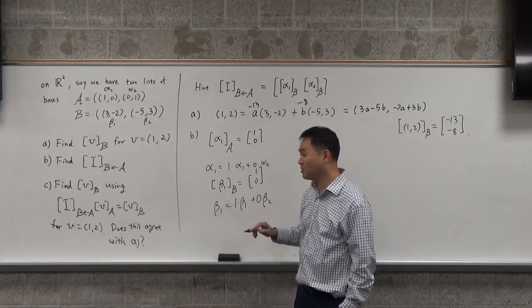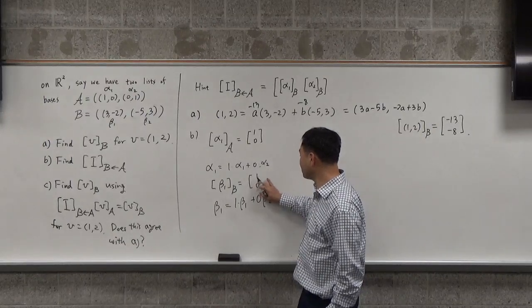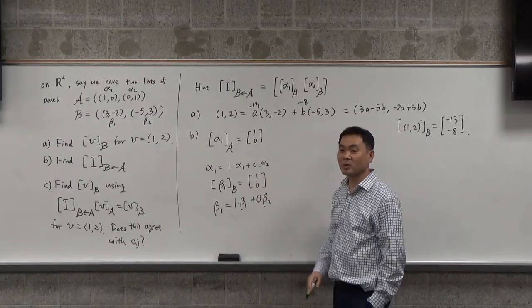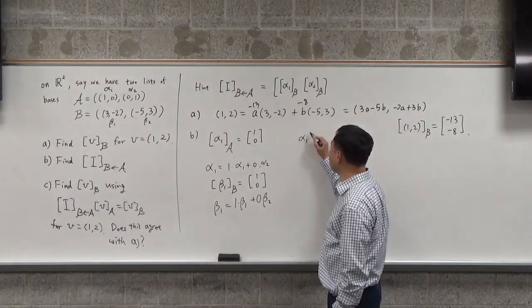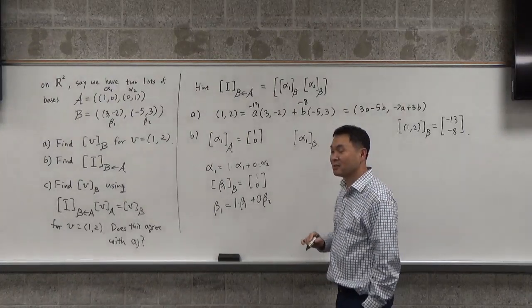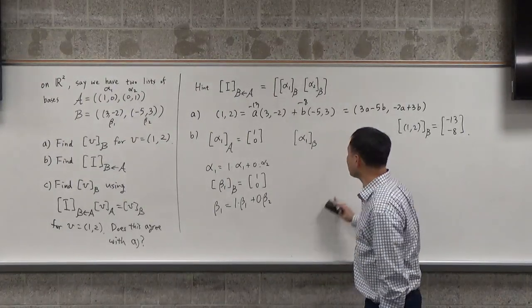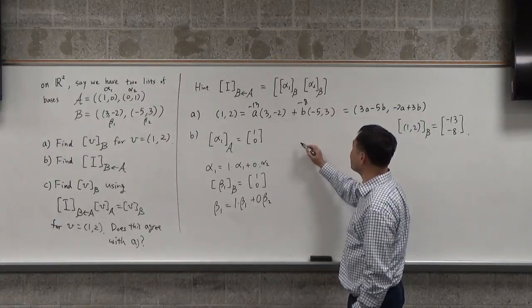So if you use basis B, it's (1, 0). What's not clear is what alpha 1 is under basis B. But let's say we did get these values. Let's see what this is really doing.